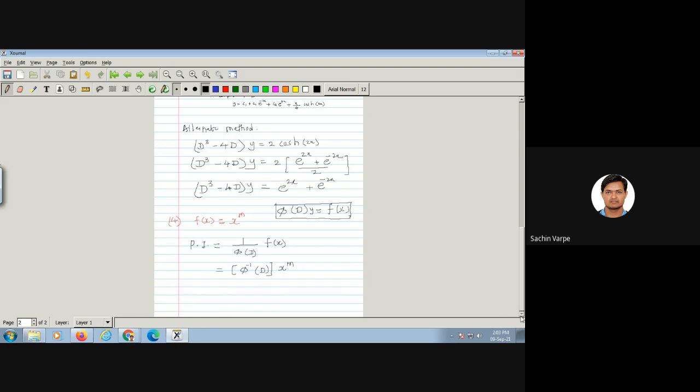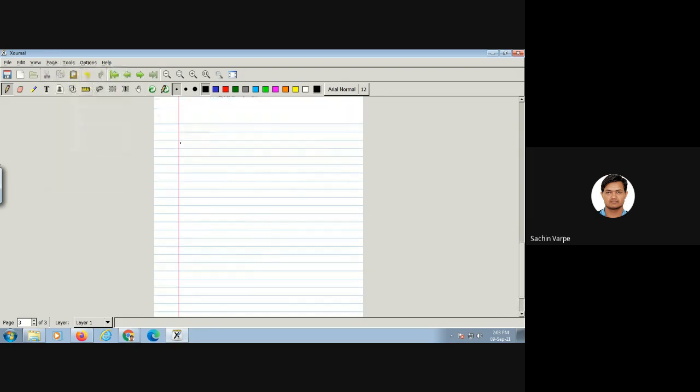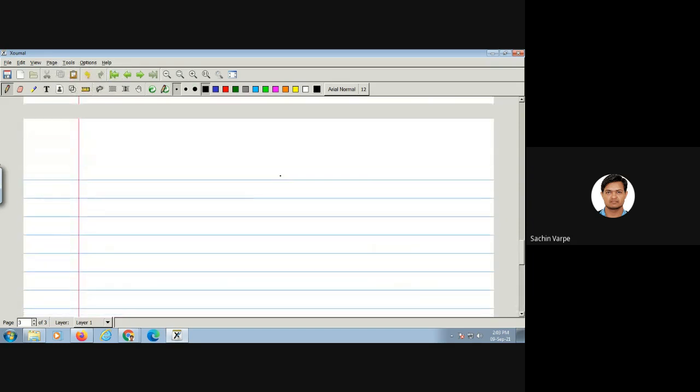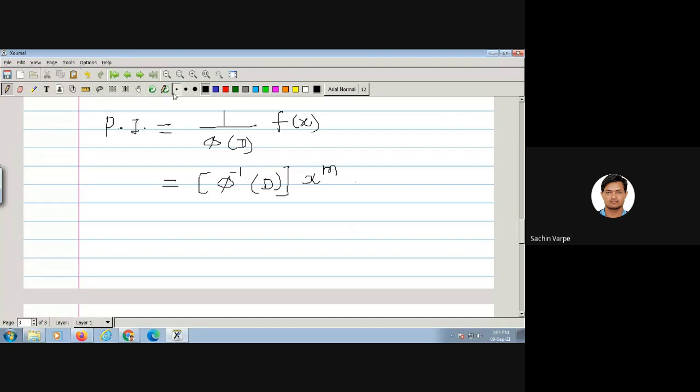So what I'm going to do now, this is very important step. Okay, the same thing we are going to do while solving the actual questions. I hope the screen is visible properly. Okay, so here this phi inverse of d, I'm going to express using these two expansion formulas.